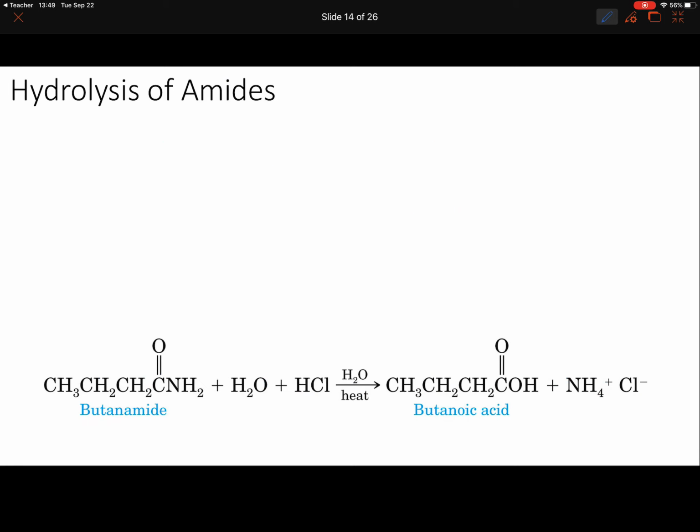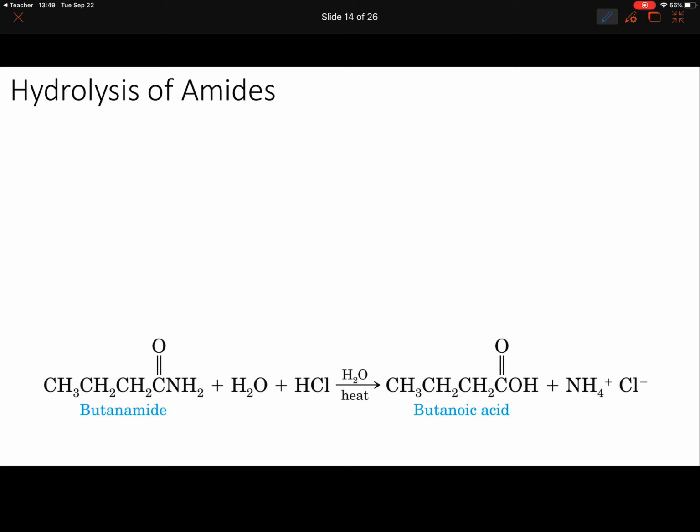As far as amides go, too bad we don't get soap from amides. Amides require actually a more vigorous kind of hydrolysis condition than both the anhydrides or the esters do. And they actually have to have both acid and base hydrolysis. These are more vigorous sort of reactions.